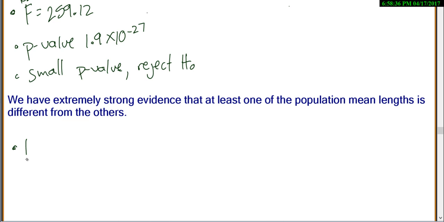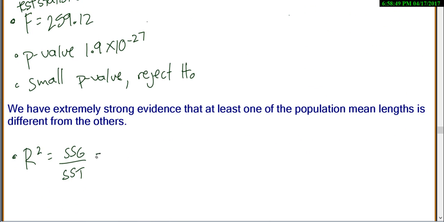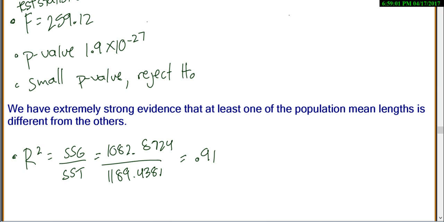Let's see. So I have R squared is supposed to be sum squared groups over sum squared total. So my groups is this 1082, the total is the 1189. So 1082.8724 over 1189.4381, which gives me 0.91.